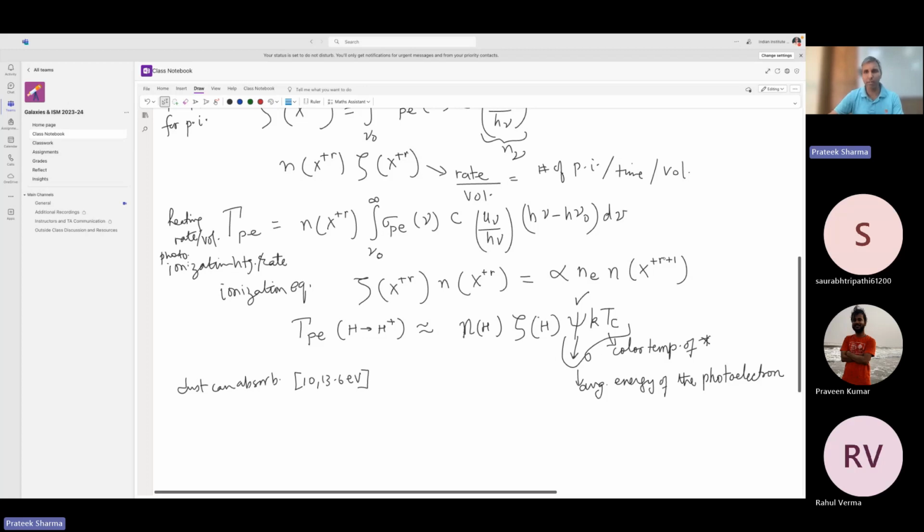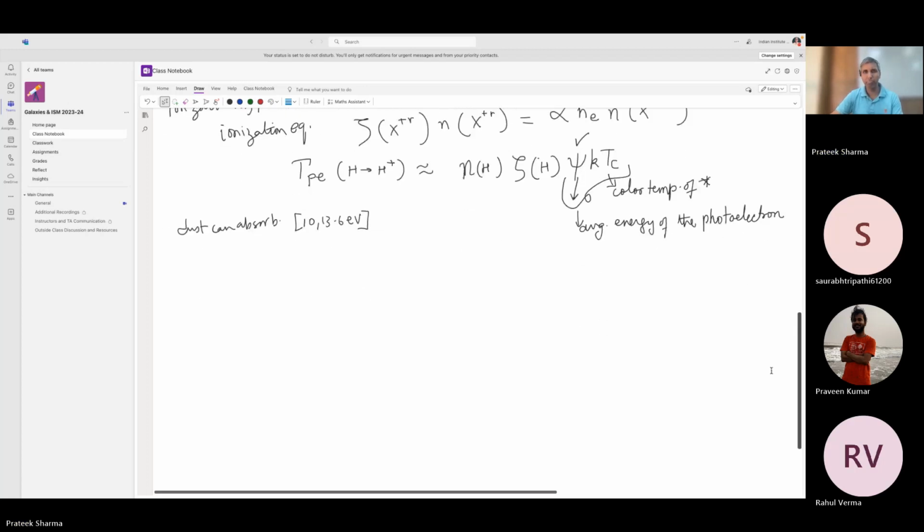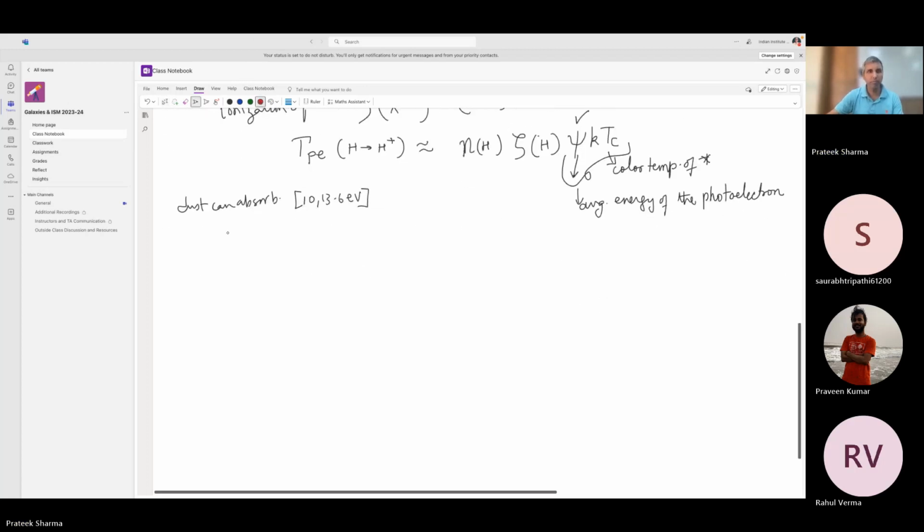What about cooling processes? Cooling. The first is recombination radiation.